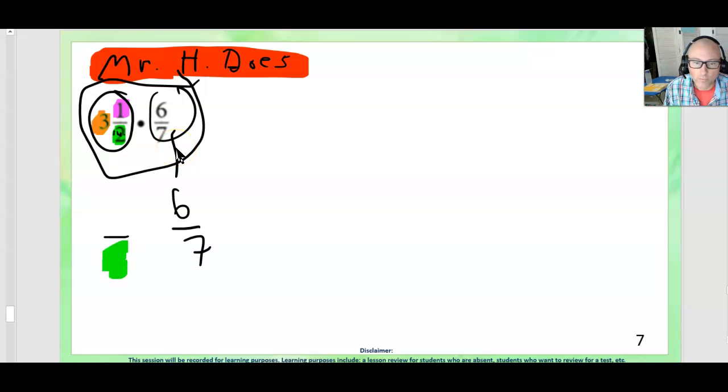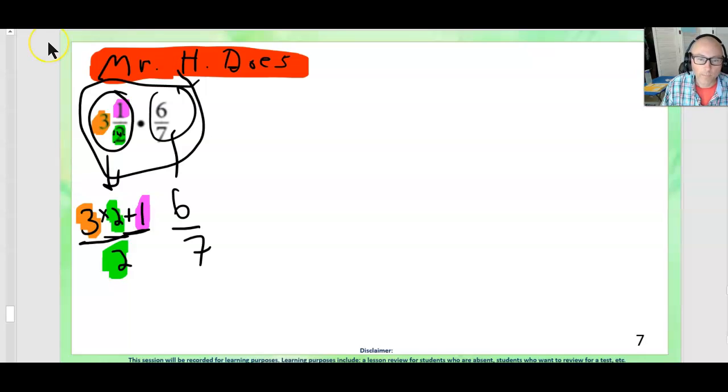Right away, you know that for our improper fraction, the bottom is going to be a 2, because it's a 2 here. So 3 times 2 plus 1 is what's going to be on top. That's the whole number, 3, times the denominator plus the numerator.